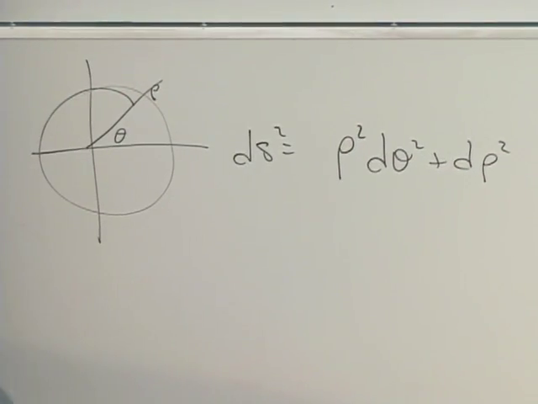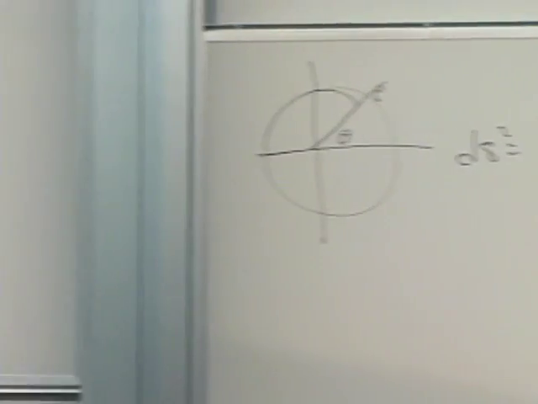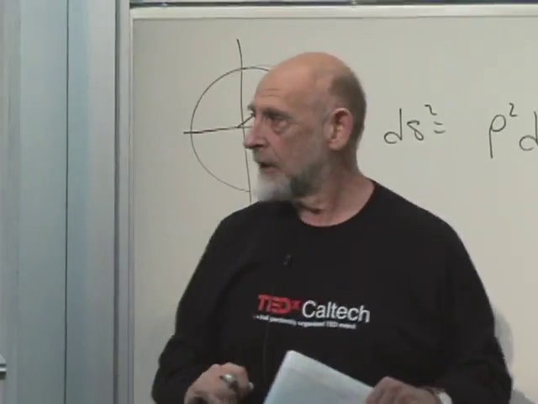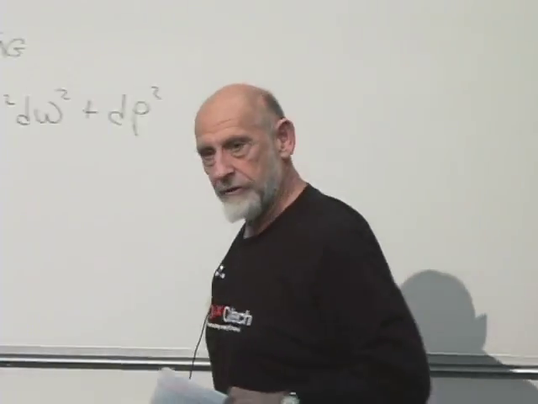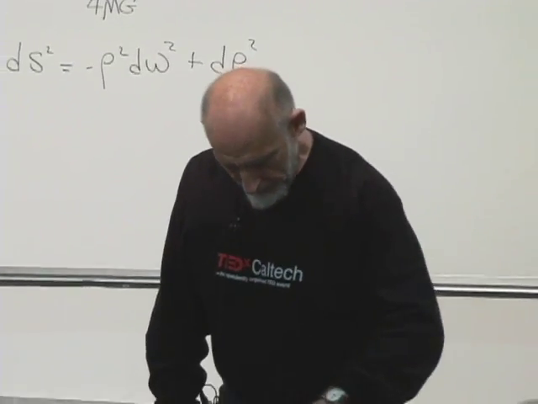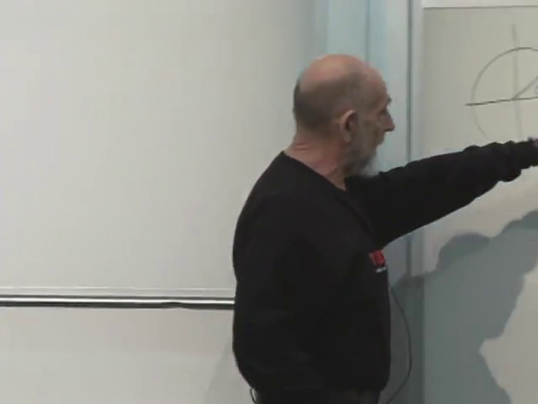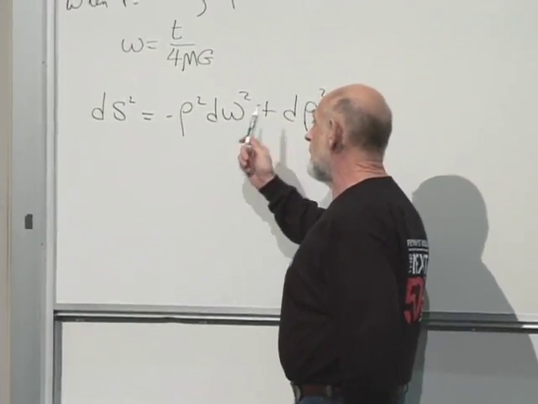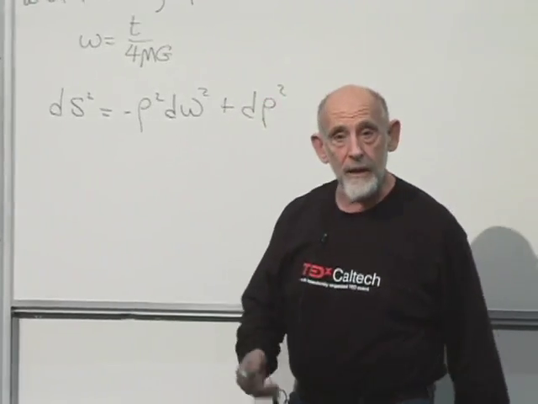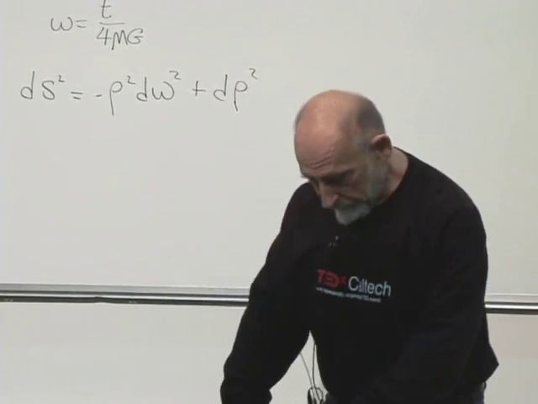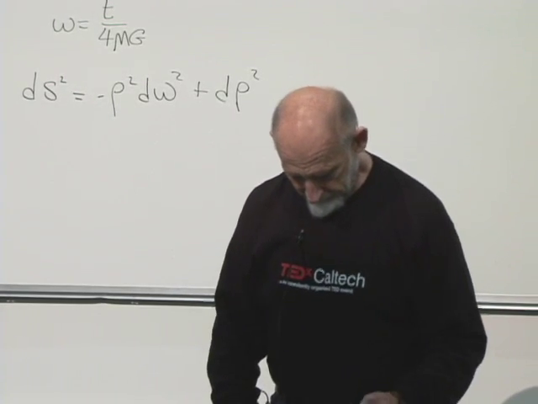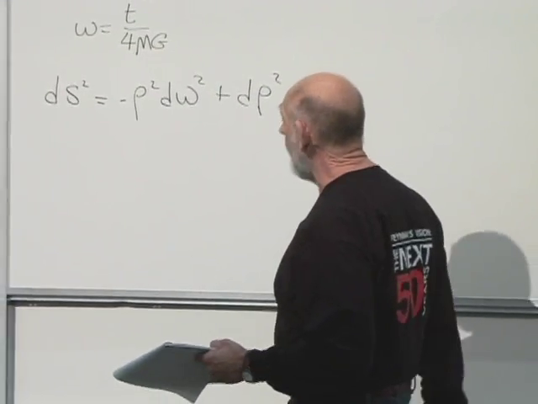So they look very similar to each other. The only difference is this minus sign, and omega is analogous to theta. It's a hyperbolic angle. This is ordinary flat space, nothing but ordinary flat space-time in a kind of polar coordinate reference frame. Everybody remember this? And omega is T over 4MG.